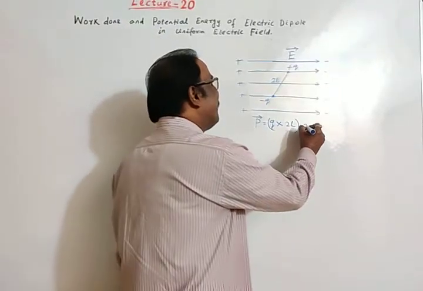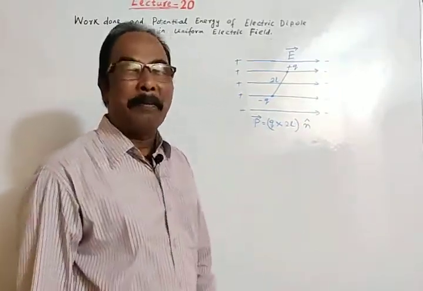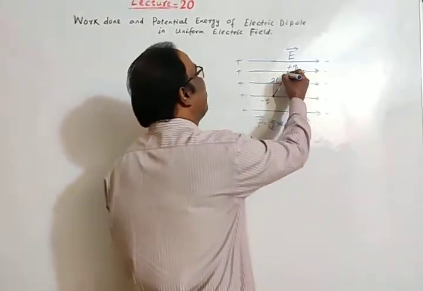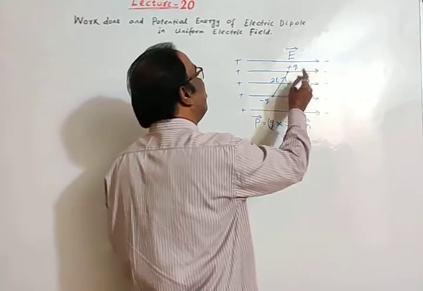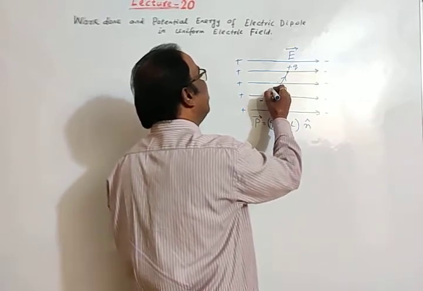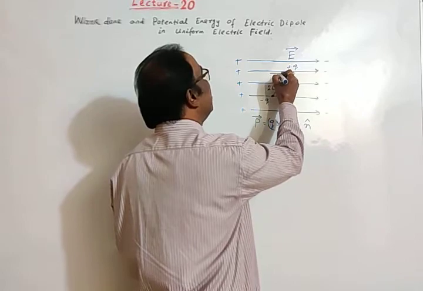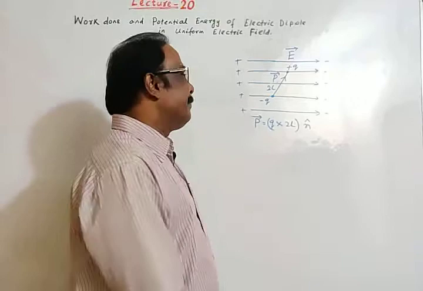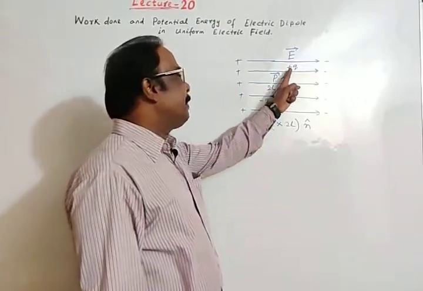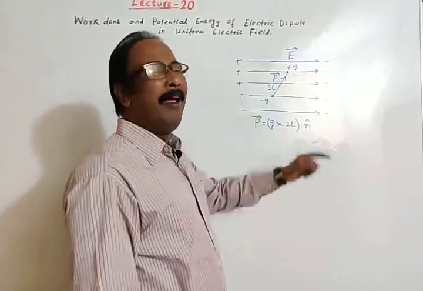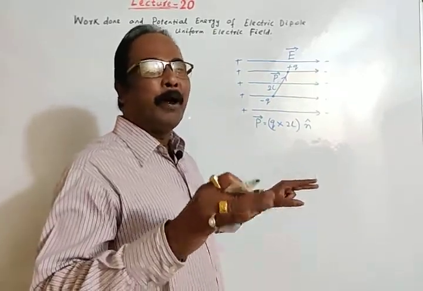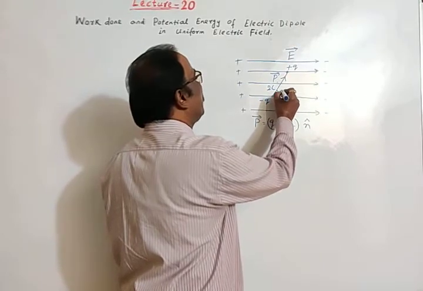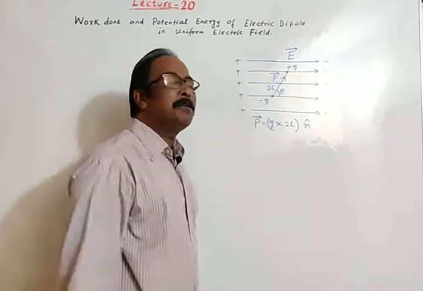Again, we may take a unit vector n cap which shows the direction of dipole moment, and the direction of dipole moment is from minus q to plus q. Let the dipole be placed in a uniform electric field at any position, so the angle made by the dipole with the uniform electric field is theta.